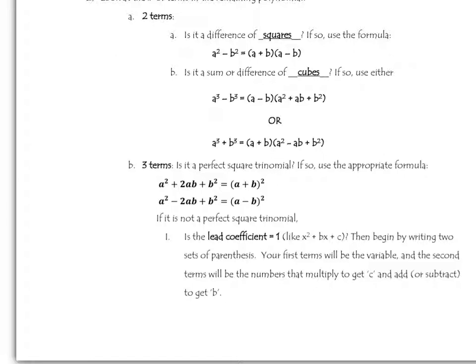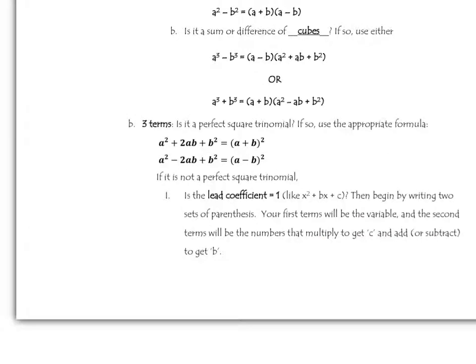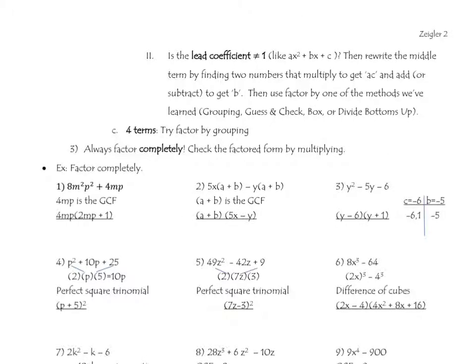But what if there is a coefficient that is not 1 in front of the x squared term? So now you have a situation where, in this case, they put the letter A. It could represent any number. It could represent 4 or -7 or whatever. But if this coefficient is not 1, then you need to use a technique called grouping.